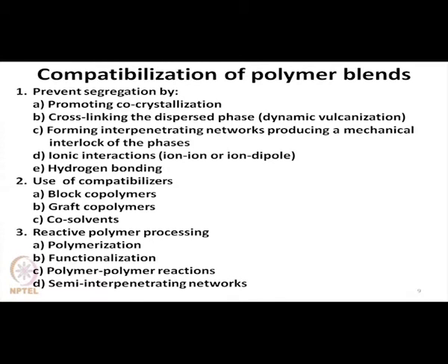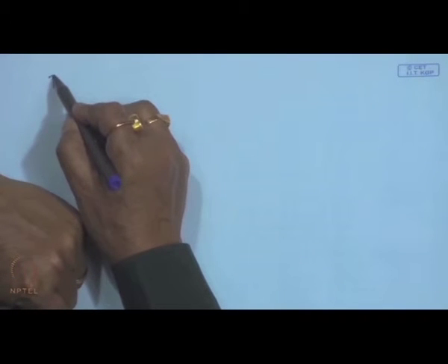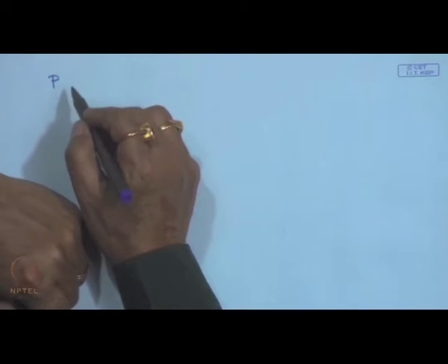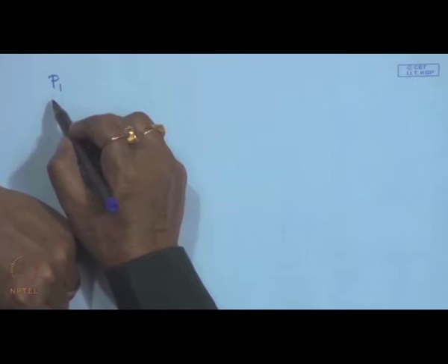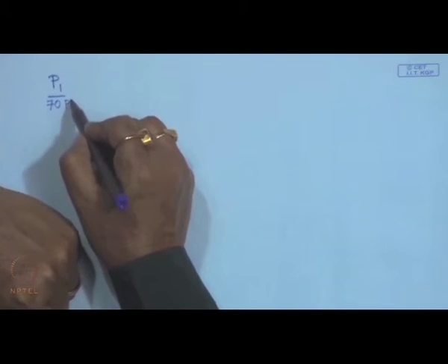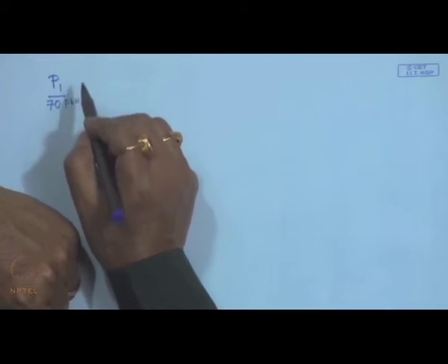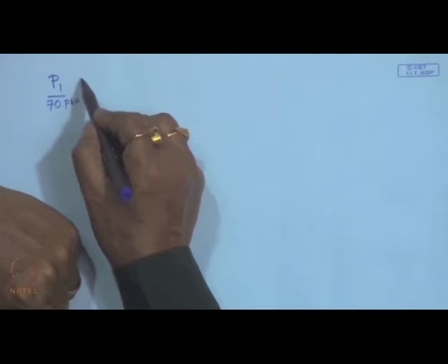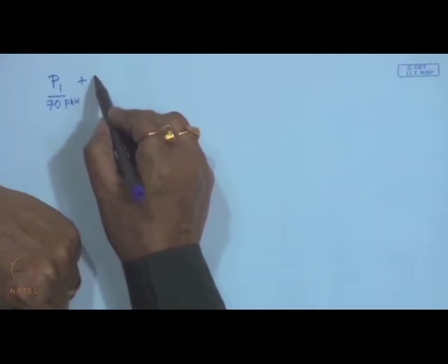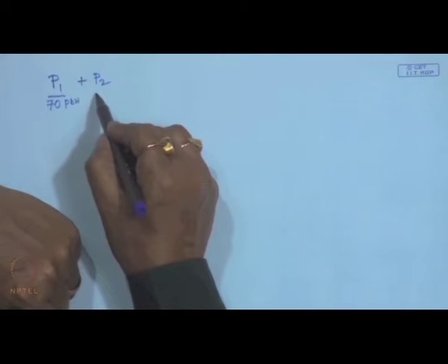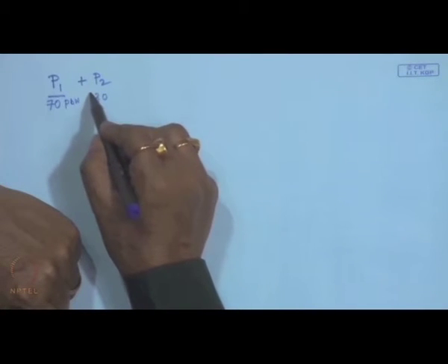Second is the cross linking of the dispersed phase. Say we want to make a blend of polymer 1 with polymer 2. Suppose polymer 1 is the major phase, 70 parts by weight, with which we want to mix component polymer 2 at 30 parts by weight.